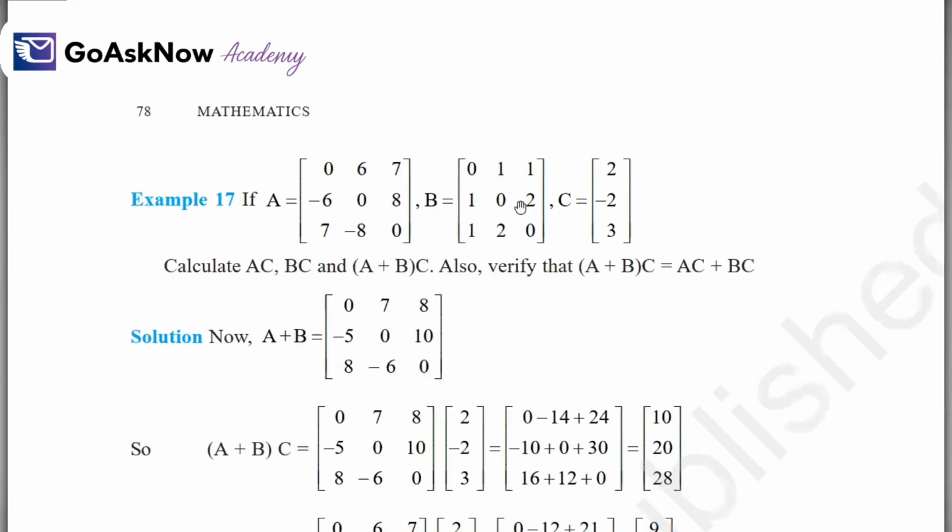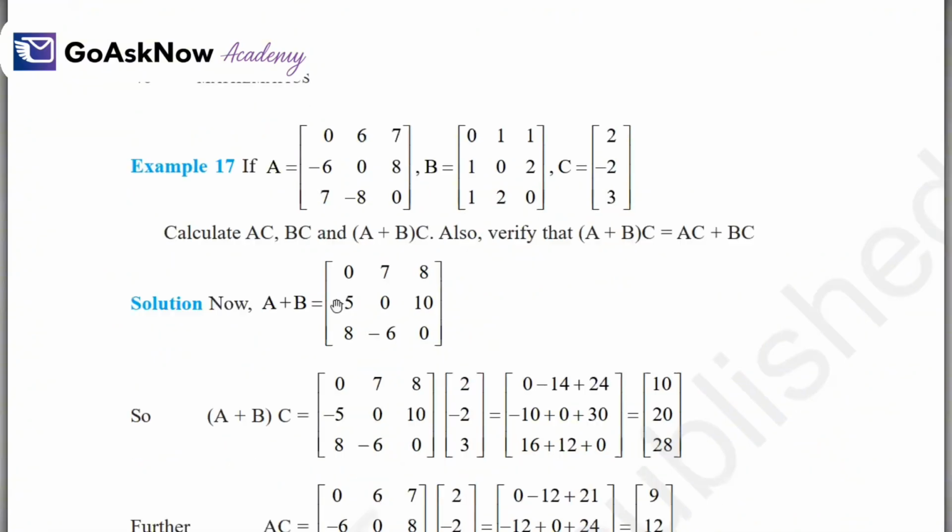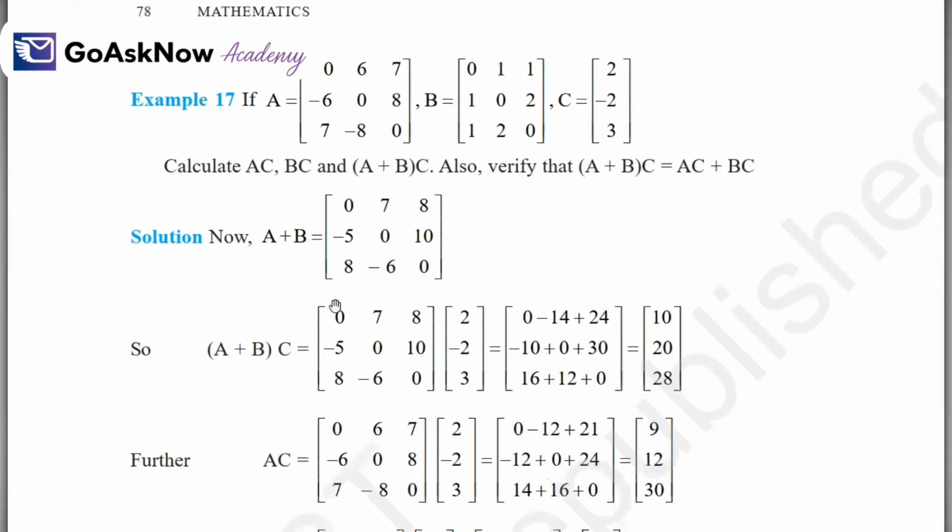If A is equal to this, B is equal to this, and C is equal to this, find AC, BC and (A plus B)C. Also verify that (A plus B)C is equal to AC plus BC. So you have to just find the value of A plus B, then (A plus B)C, and then AC and BC also.